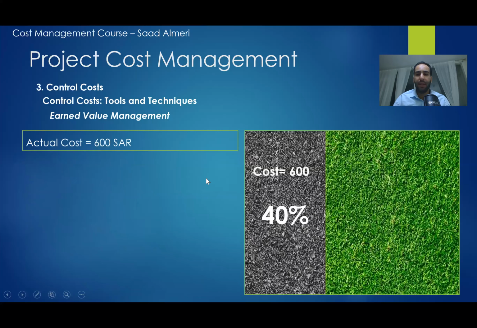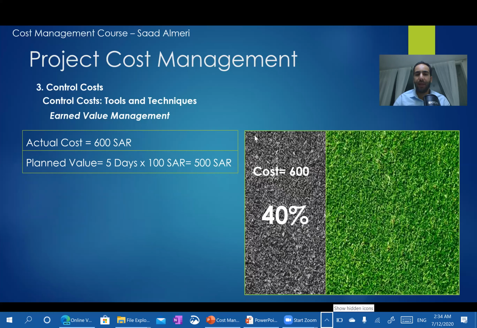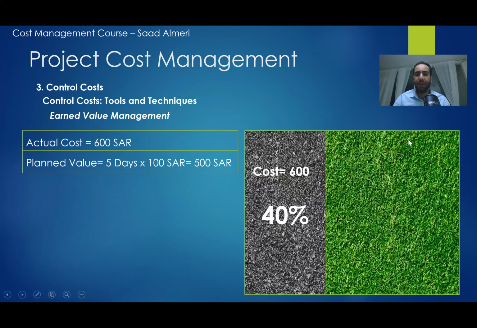Okay, let's get to the facts. We have actual cost, which is 600. And we have planned value, which is 5 days multiplied by 100 per day, which is 500. Because we assume that we have a 1,000 budget, and the 1,000 budget is distributed 100 riyals per day.